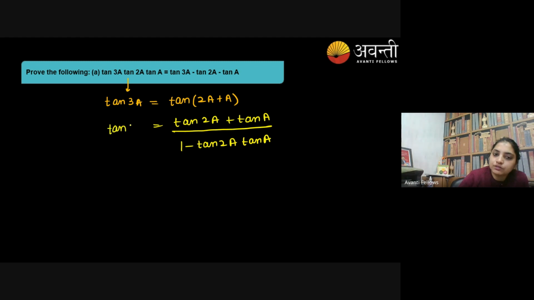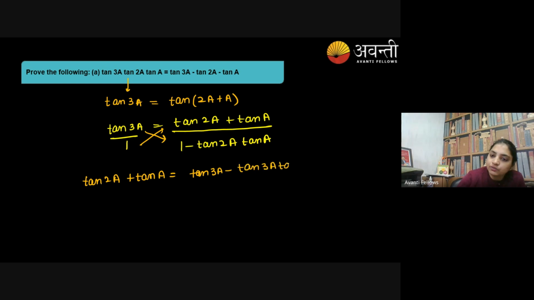That must be equal to tan 3a. So can we cross multiply? It means tan 2a plus tan a must be equal to tan 3a minus tan 3a tan 2a tan a. Agree or no?